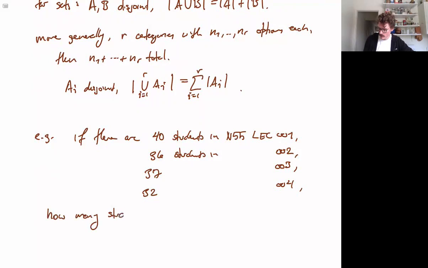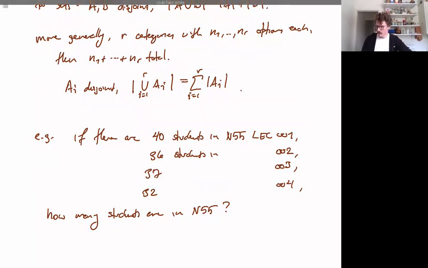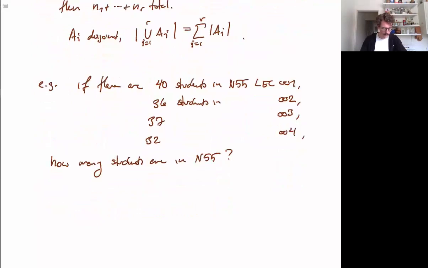How many students are in N55 total? Well, we have these 4 categories, and each thing in the whole falls into exactly one of these 4 categories. So the number of things in the whole is just the sum of the things in the categories. Which is, in this case, 145.